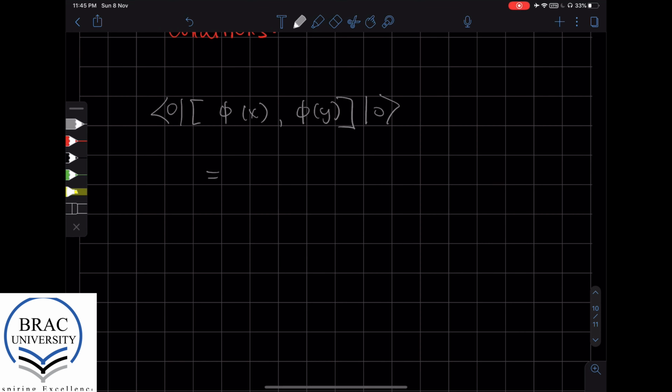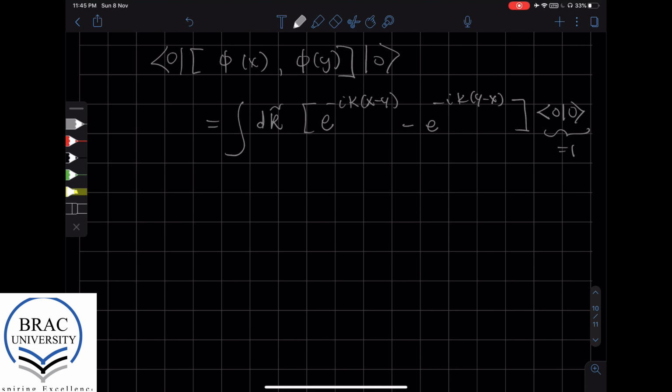Since we know what the commutator is, we have the integral dk tilde of e to the power minus i k (x minus y) minus e to the power minus i k (y minus x), times the bracket of the vacuum, which we can assume to be normalized, and that equals 1.